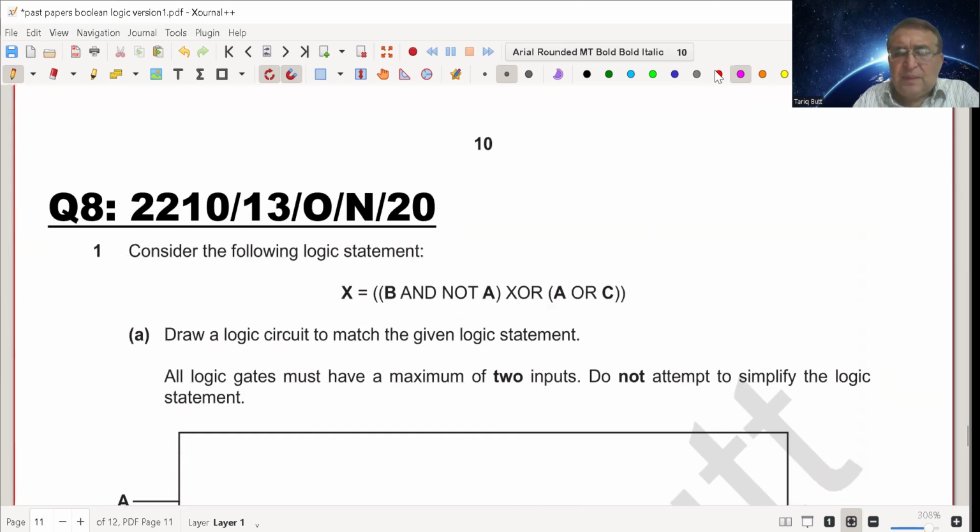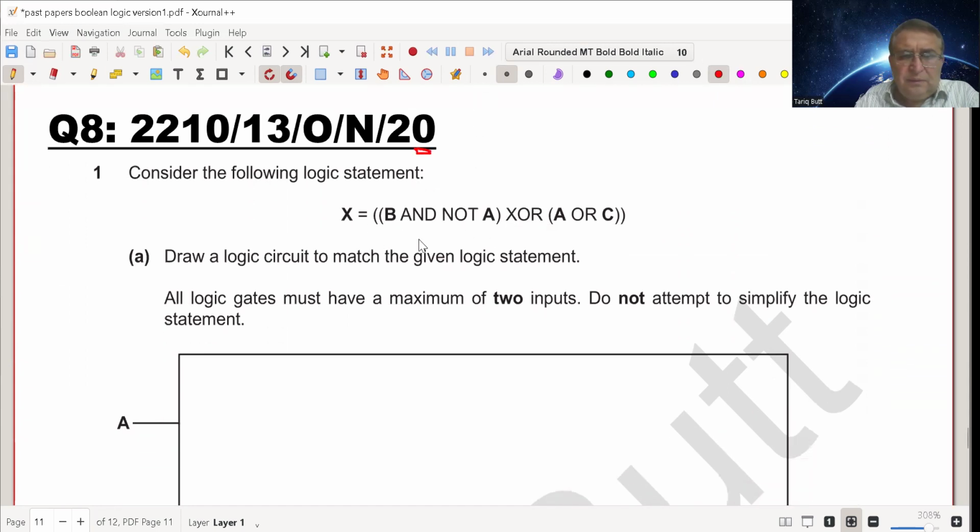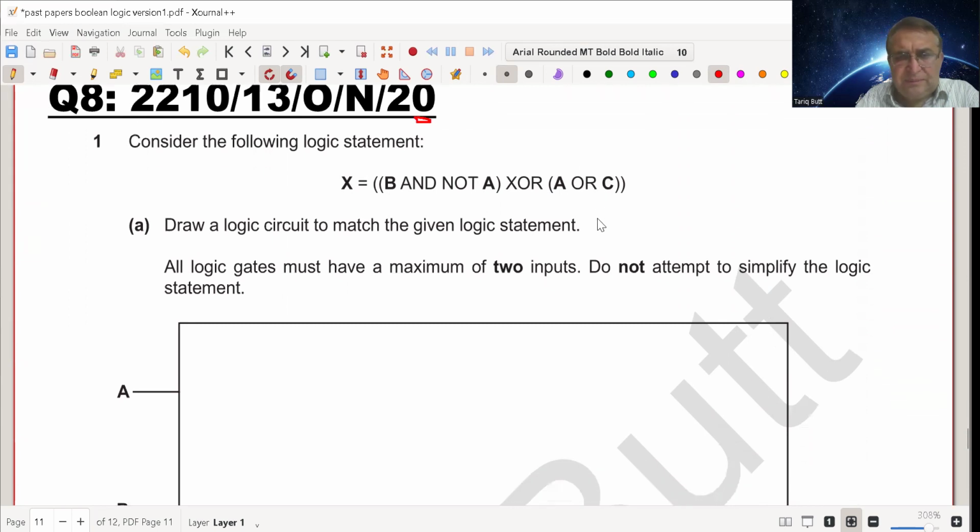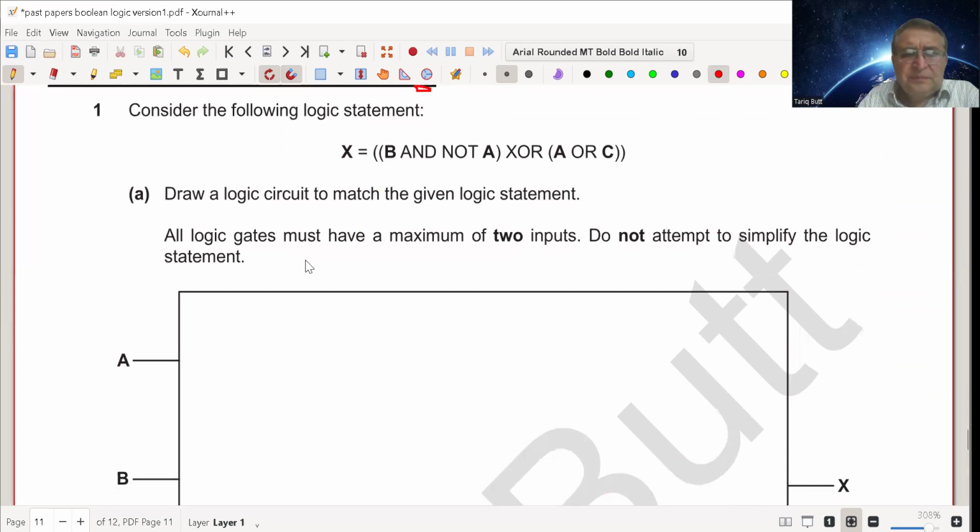Next, let's say we solve another question, year 20, and it is given the logic statement B and not of A, XOR A or C. So you have to draw the logic circuit.